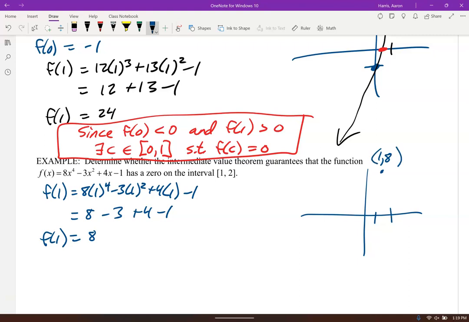Well, now I'm going to plug 2 in. So as long as f of 2 is negative, I know it crosses the x-axis, so I must have a 0. So it's got to go from positive to negative. It's got to change. Well, let's check it. What does f of 2 give us?